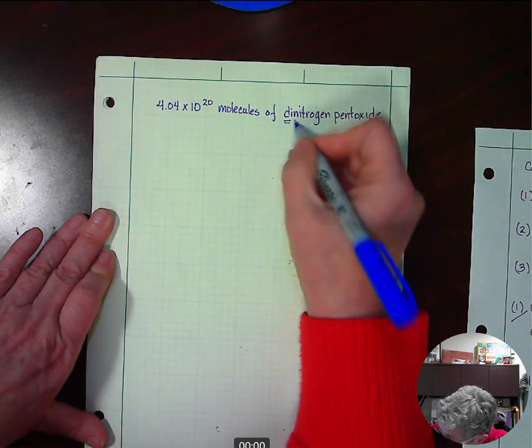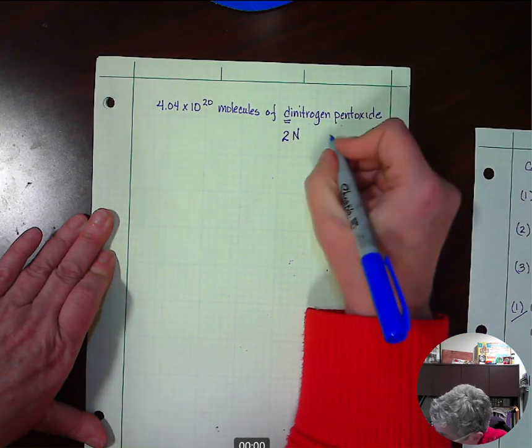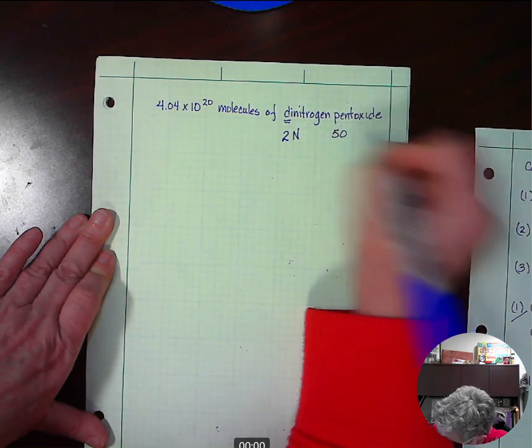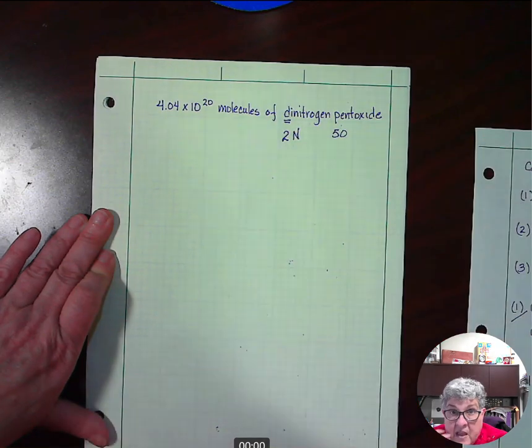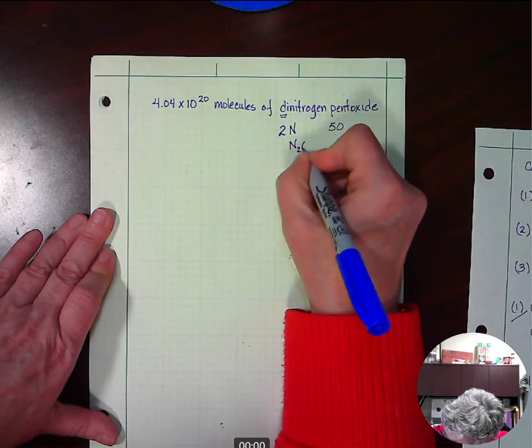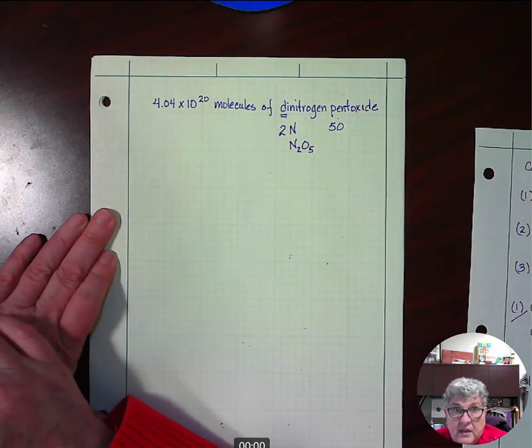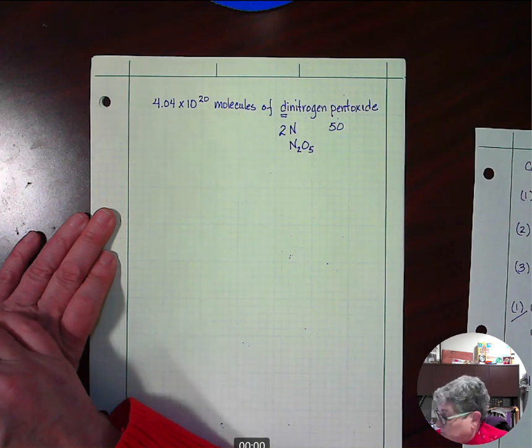Well, this di tells me 2, so I'm going to have 2 nitrogens, and I've got 5 oxygens. Okay, 2 nitrogens, 5 oxygens, so I'm going to actually write it this way. So that's how I would write that particular formula from the information that we had.